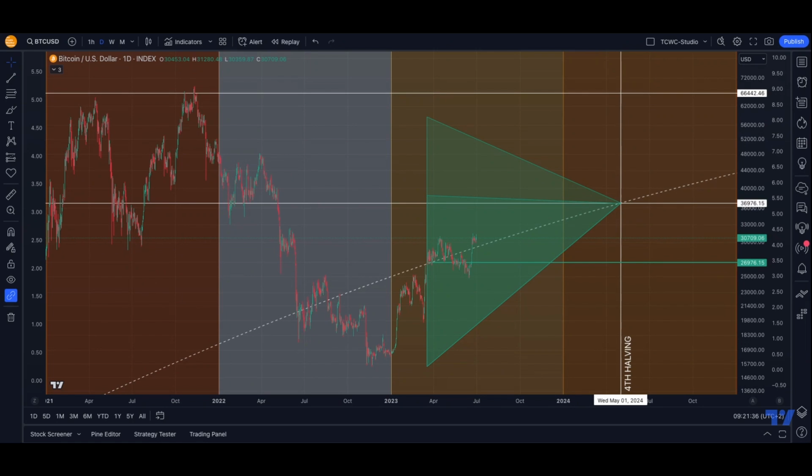We have an exciting new development to show you here in the charts. It's codenamed the Cumulus triangles.